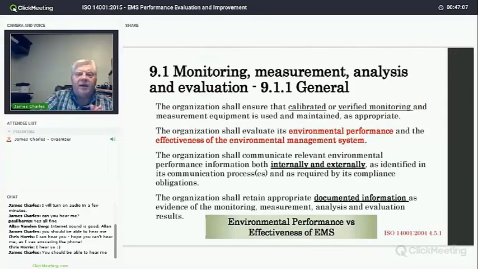The organization shall ensure that calibrated and verified equipment is used. That's nothing new. The organization shall evaluate its performance and the effectiveness of the environmental management system.